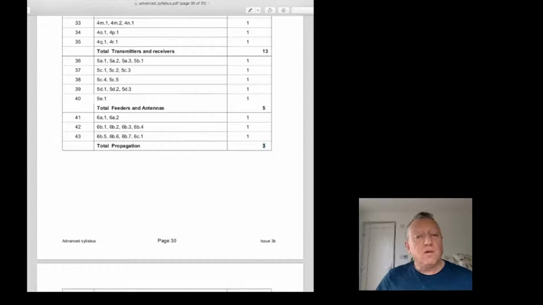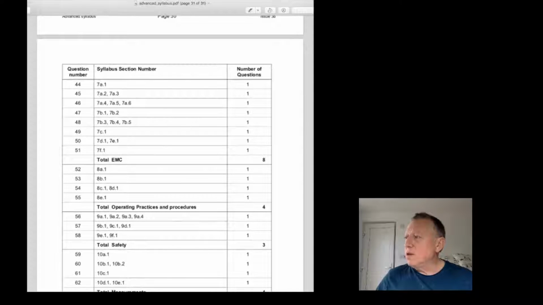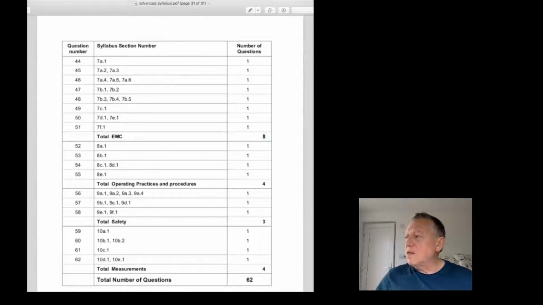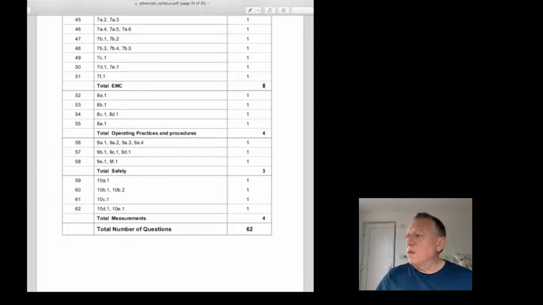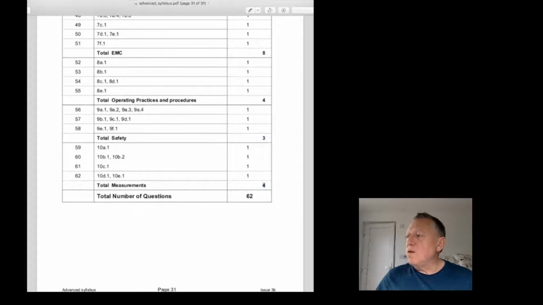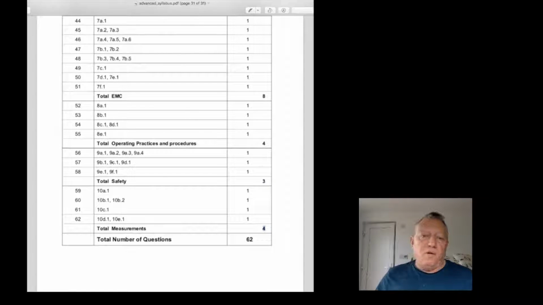Propagation, I don't think there are any calculations in propagation. EMC, yes, there is a calculation or two. Procedures and practices, I don't believe so. Safety, I don't believe so. And measurements, yes.